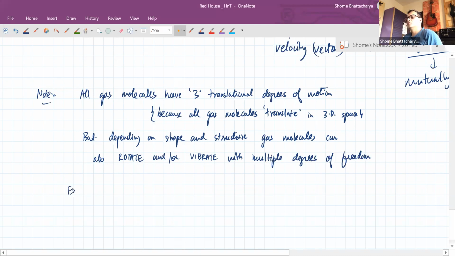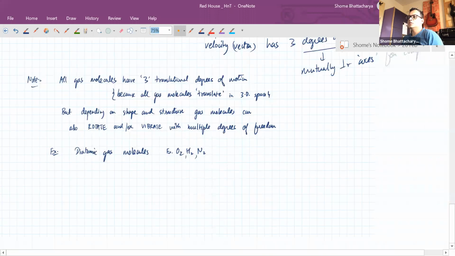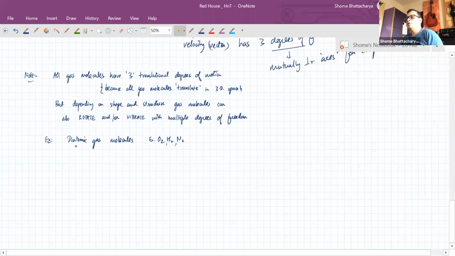For example, let's take the case of diatomic gas molecules, like oxygen, hydrogen, nitrogen, any of these. Now the shape of such diatomic gas molecules is linear, or what we call dumbbell shaped.